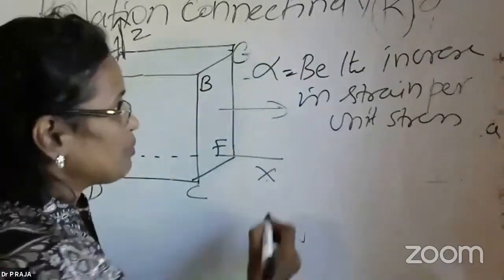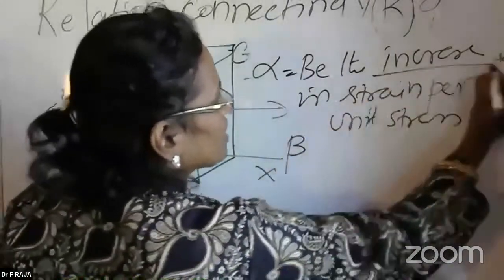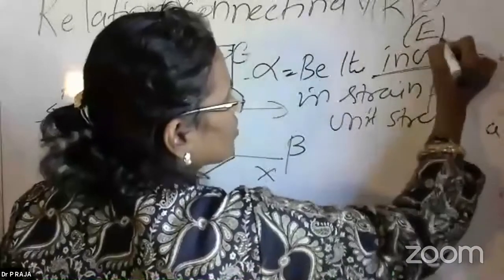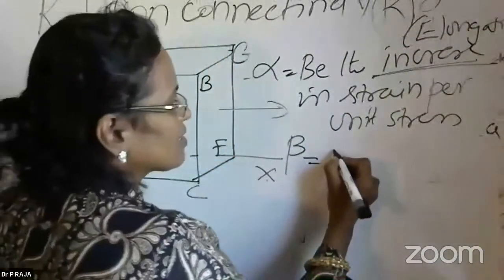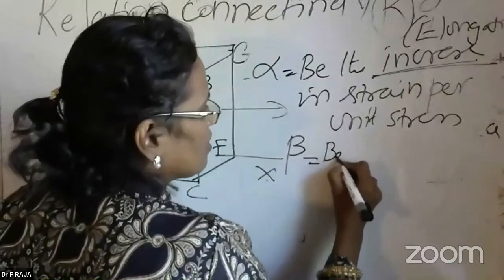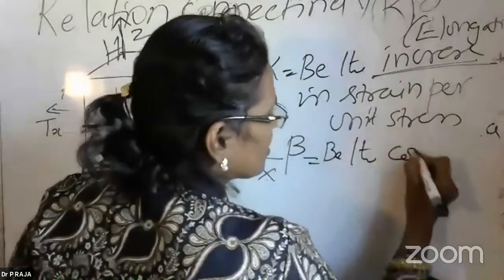Underline the word increase, or I can say elongation. And beta is a contraction. Let beta be the contraction.